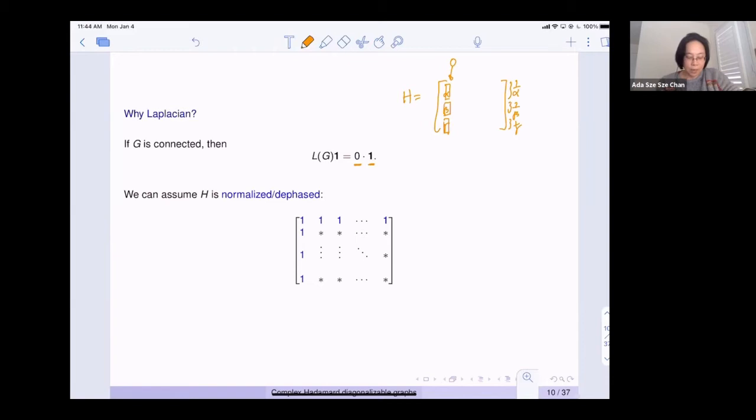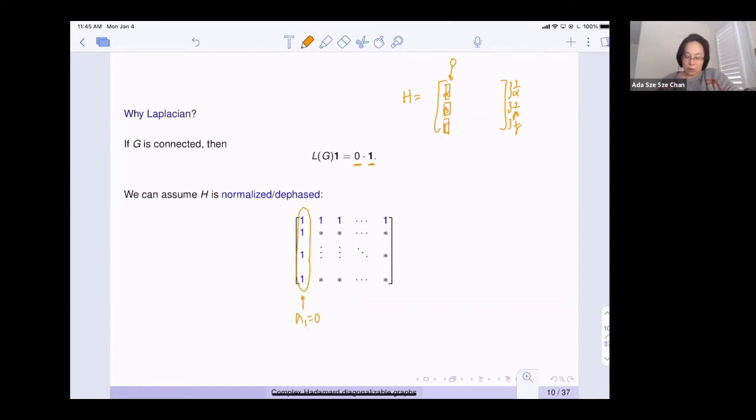So by looking at Laplacian matrix instead of adjacency matrix, I can assume that in my complex Hadamard matrix, I always have the first column being, or at least one column being, the vector of all ones. I can permute it to make it the first column. Okay, and this column would correspond to the eigenvalue 0.